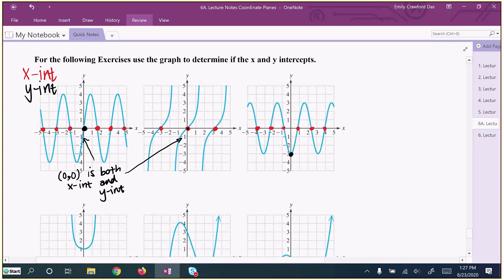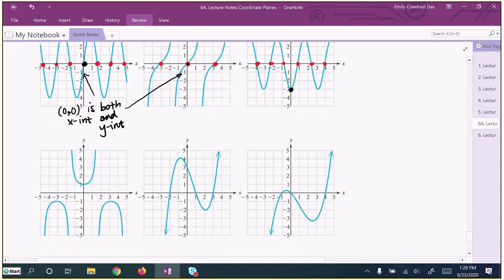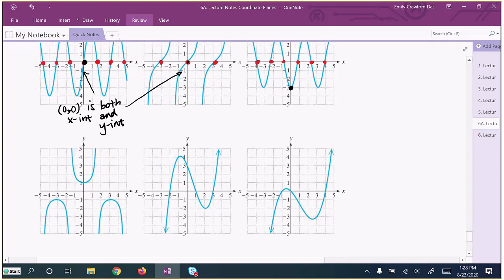So we know that the x-intercepts are going to be ordered pairs where the y-coordinate is 0. The y-intercept is going to be an ordered pair where the x-coordinate is 0. Since this graph was even, these x-intercepts are going to be symmetric with respect to the y-axis as well. But it doesn't have this property that the origin is both an x-intercept and a y-intercept.